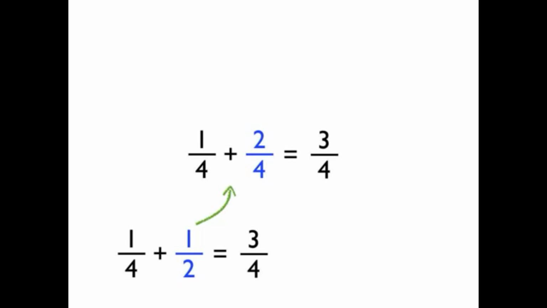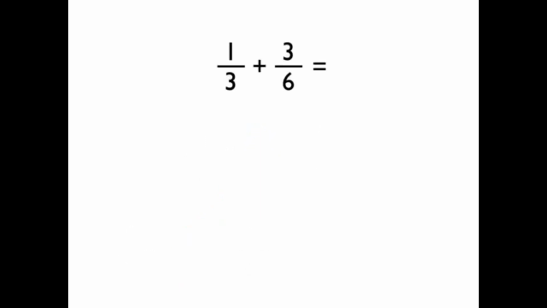Okay, so let's have a look at how this actually works in real life with a couple of examples. We're going to do 1/3 and 3/6. So what I want to do is rewrite that fraction sum by using equivalent fractions to make the denominators, the bottom numbers, the same.